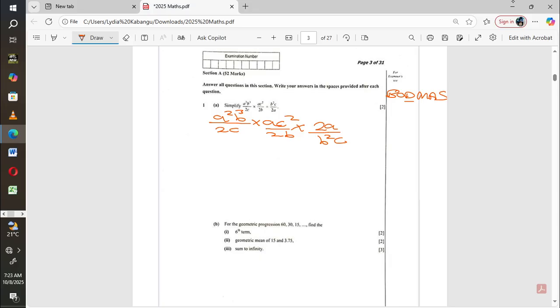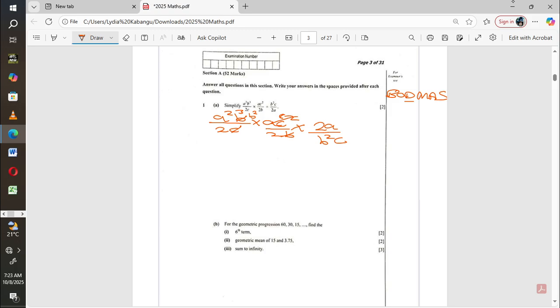From there we can cancel the b and the b here, the c and the c here. So here we're going to remain with one c only. Here we're going to remain with the b squared. Then we have the 2 and the 2 there.